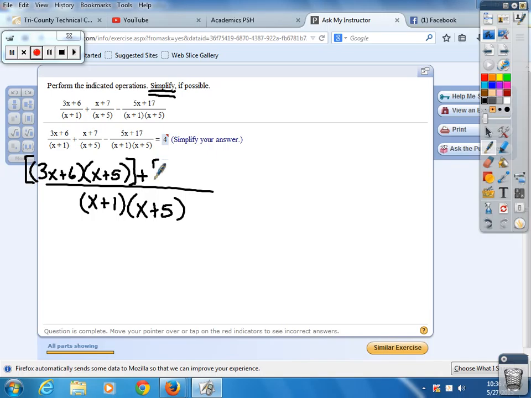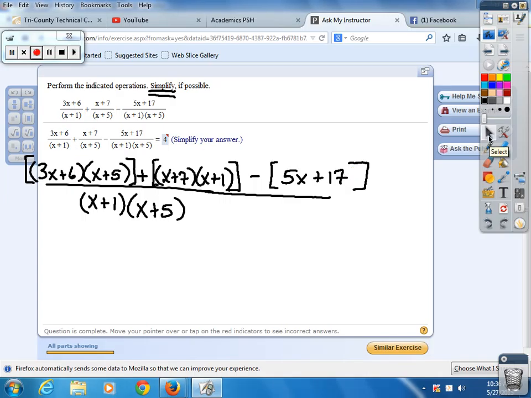So that's x plus 7 times x plus 1 minus brackets. And what's missing here? Nothing, so you just bring down 5x plus 17.